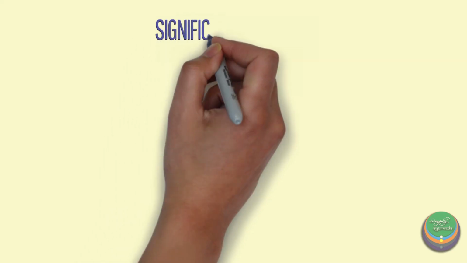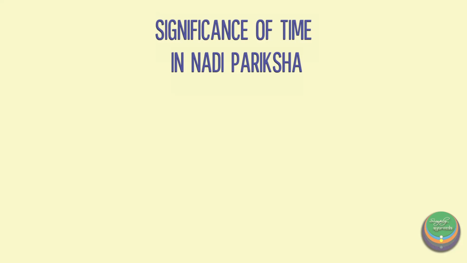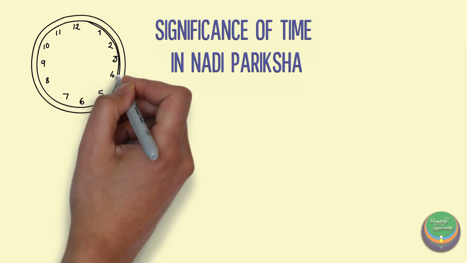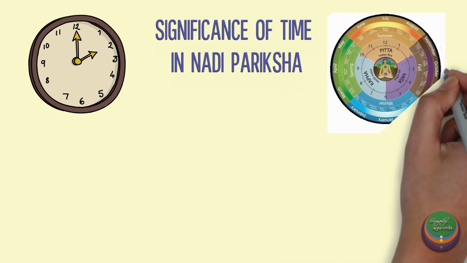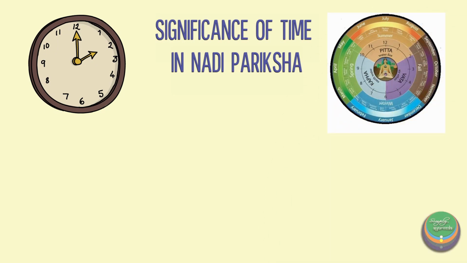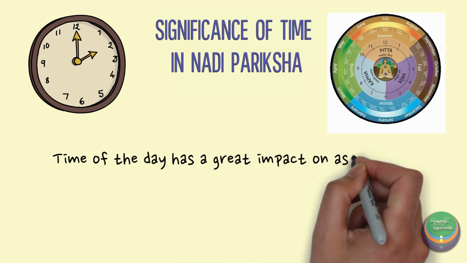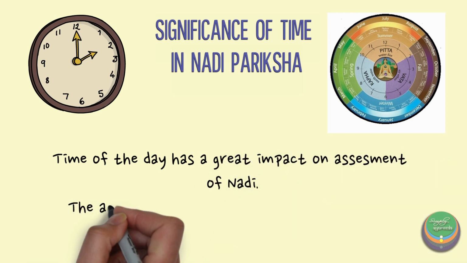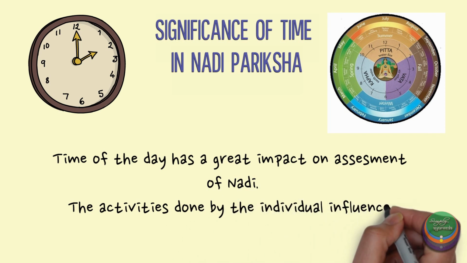Unlike the assessment of the heart rate, Nadi Pariksha has got its significance in terms of Kala as well. The time of the day at which Nadi is elicited has a great impact on the assessment of the doshas. As per Ayurveda, the activities that we perform influence the doshas and thereby have an impact on Nadi reading.